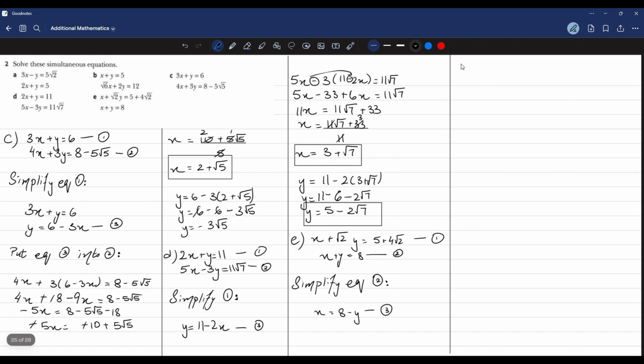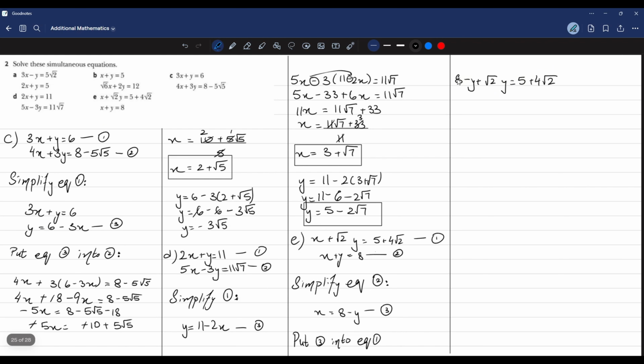Simplify this. We've got the input first. I'm going to substitute equation number 3 into equation number 1. So instead of x, I'm going to write 8 minus y plus root 2 y is equal to 5 plus 4 root 2.